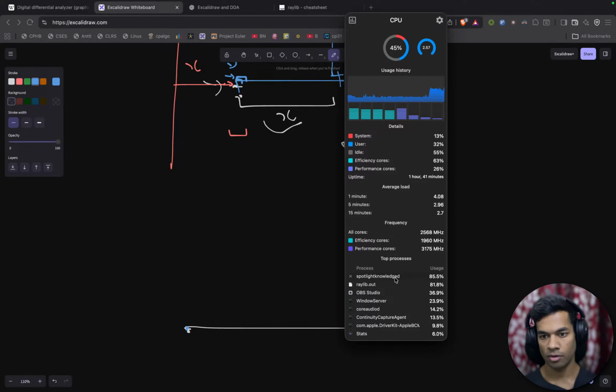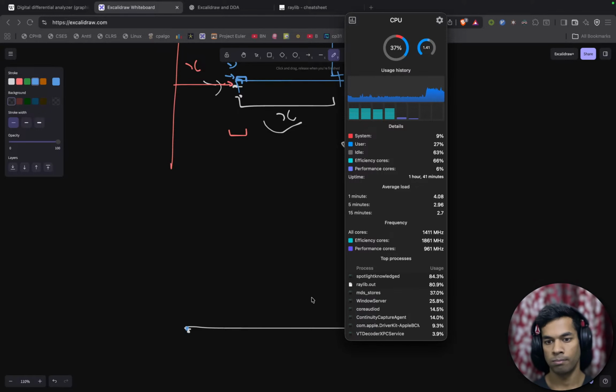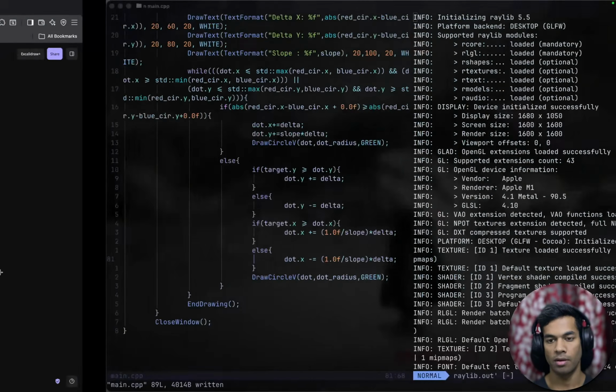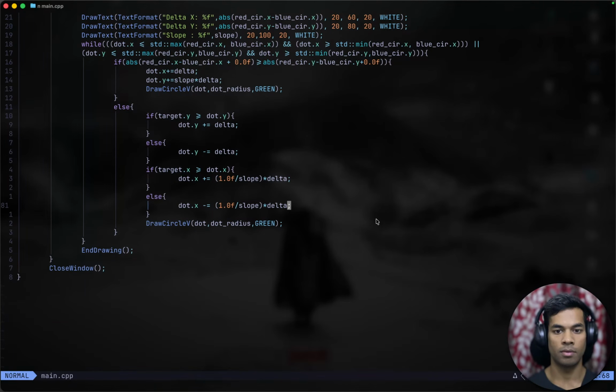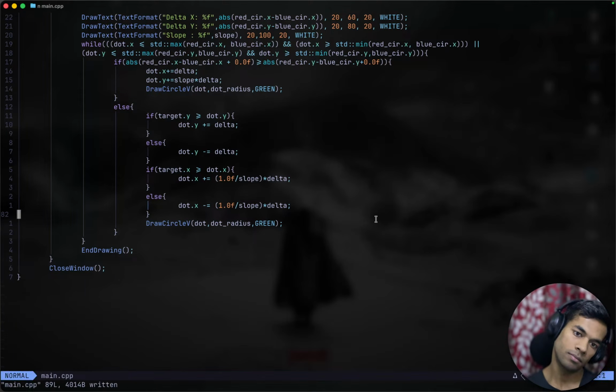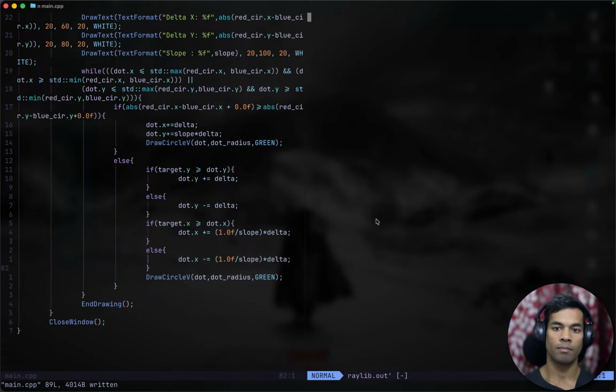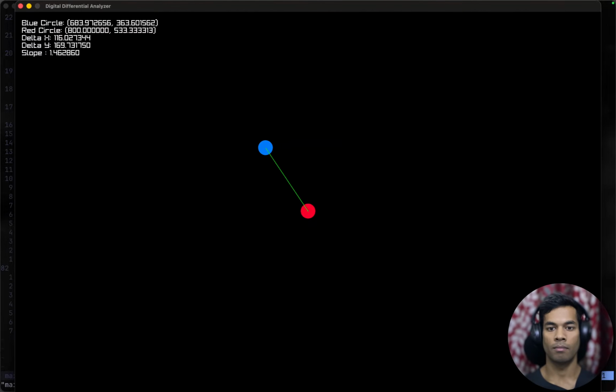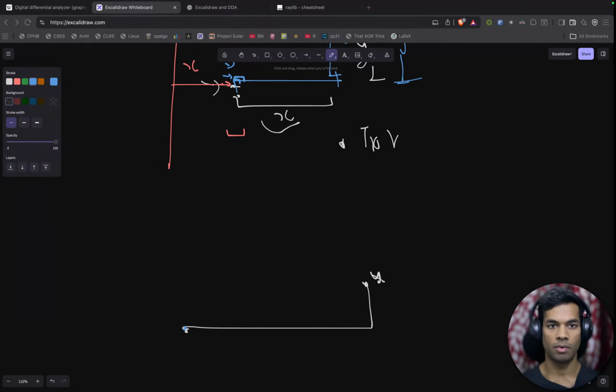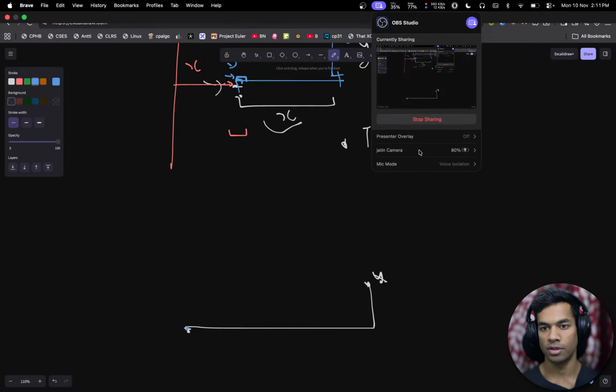CPU usage is not very cool. Okay, this is again stuck. Digital differential analyzer. Stuck.